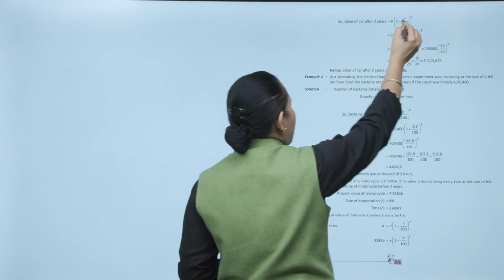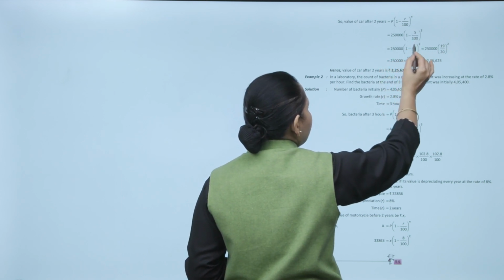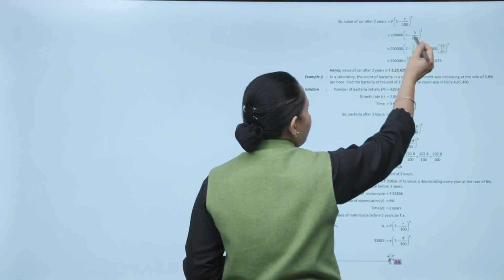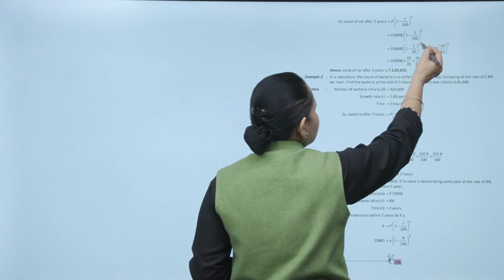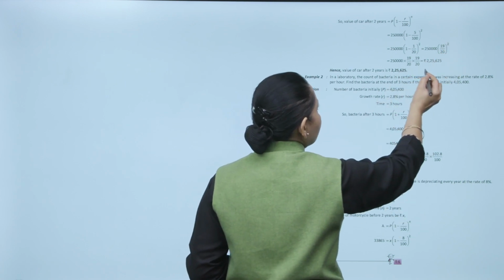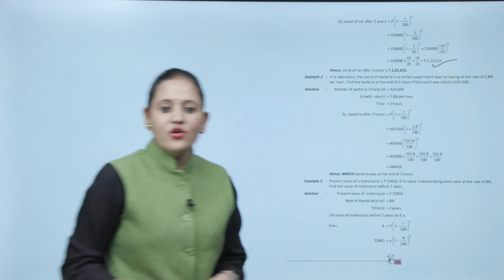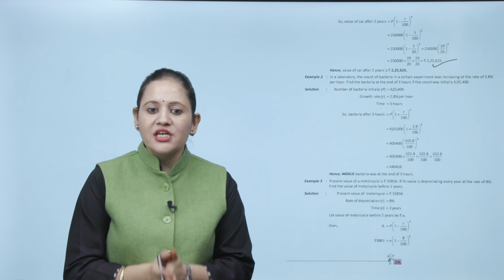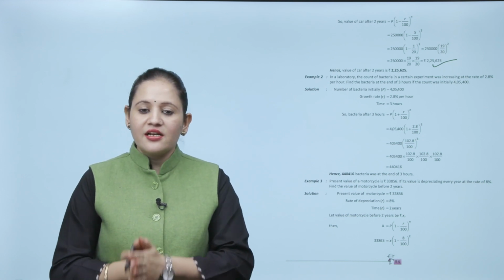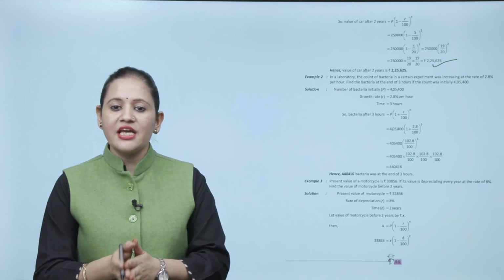That is 2,50,000 (1 - 5/100)^2. Solving this, 1 upon 20 comes, so (19/20)^2. Solving, it is 2,25,625. So the value of the car after 2 years is 2,25,625 rupees. Clear? So practice all these examples. We will move to the next topic.